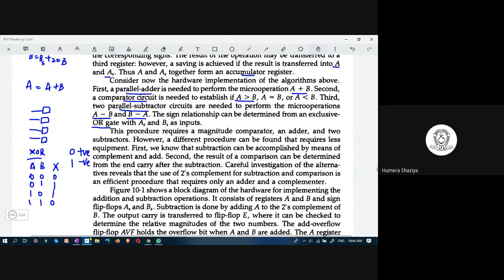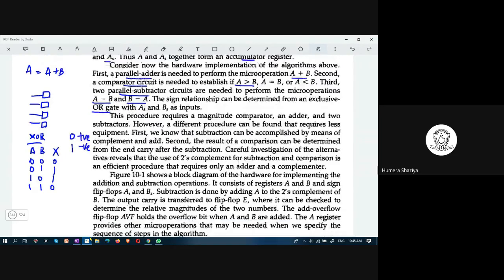Minus minus is plus. Plus plus is plus. See, students, 0 0 is positive. Plus plus plus. Plus minus minus. Minus plus minus. Minus minus plus. This XOR gate is used for determining the sign. Now, what is the procedure?